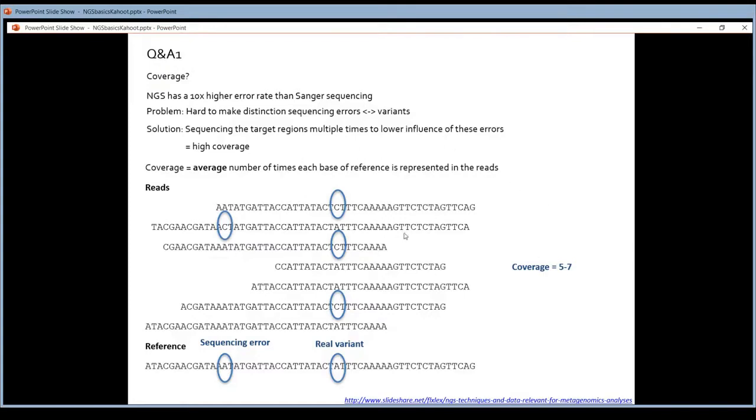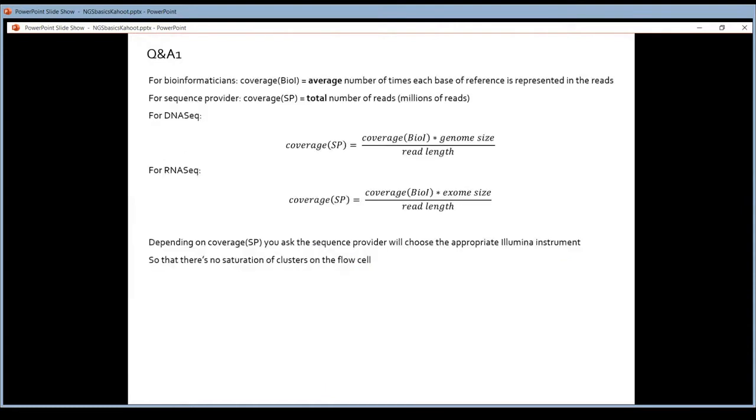He will say the coverage here is 5 to 7 because each base of the reference is represented 5 to 7 times in your reads. But a sequence provider, when he talks about coverage, just means the total number of reads that you want to generate for each sample. That's a different number. This is millions of reads, what a sequence provider calls coverage.